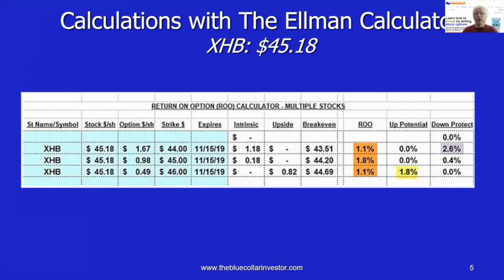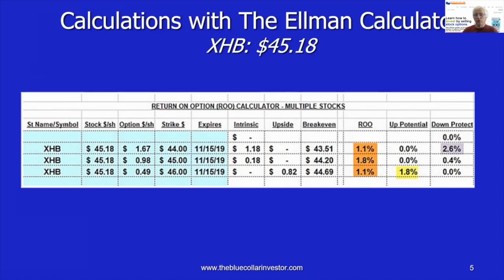Now, finally, if we look at a more aggressive or more bullish approach to covered call writing, we would look at the out of the money 46 strike, which generated also 1.1% of time value, as did the in the money 44 strike. But in this case, we do have upside potential. If the price of the security moved from 45.18 up to the 46 strike, lo and behold, that's an opportunity for an additional 1.8%.